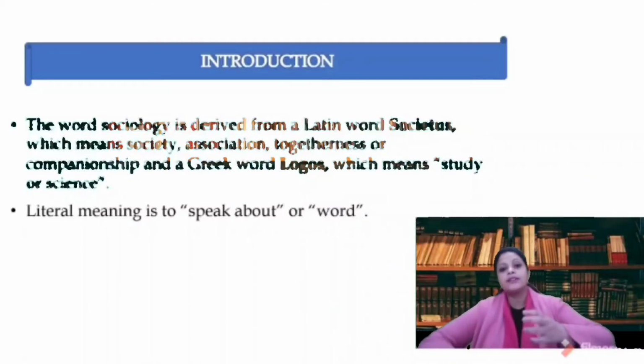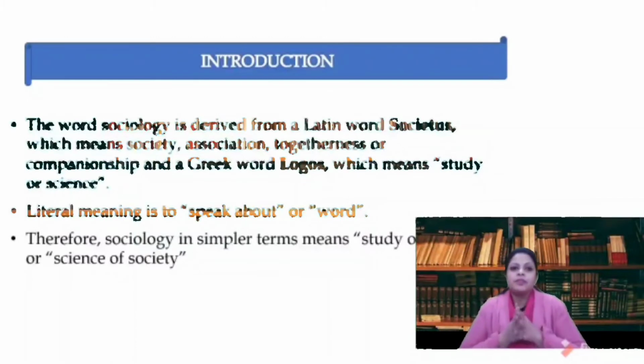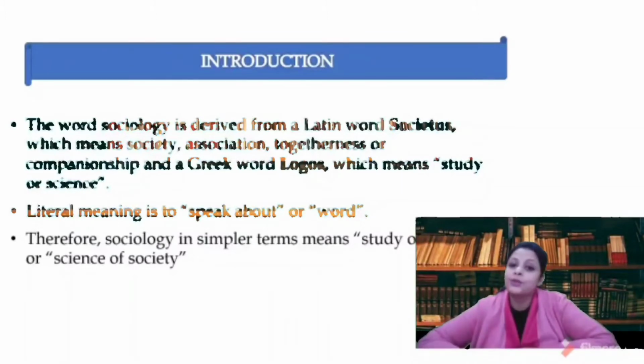Whenever someone speaks about something that is transferred, like our traditions get transferred from our parents to us, that is a word transferred in society. If we simplify the term, according to Auguste Comte, it is just the study of society, nothing else. The study of society is known as sociology.